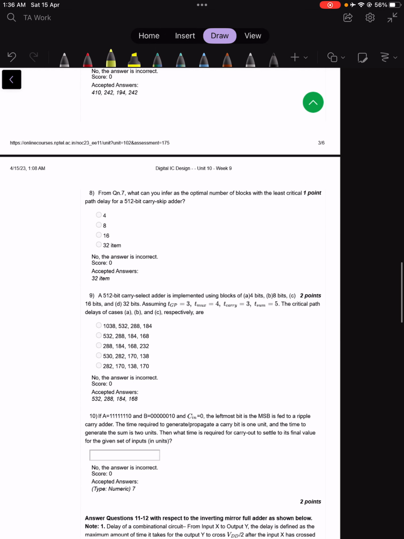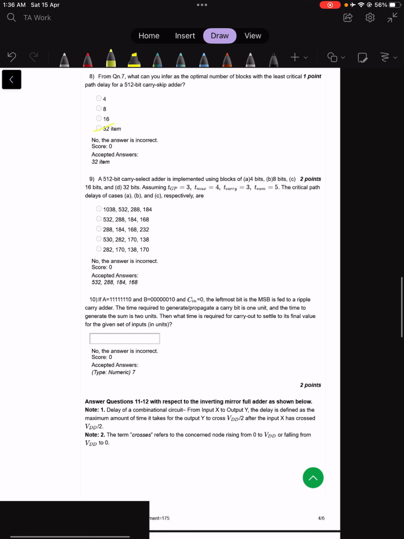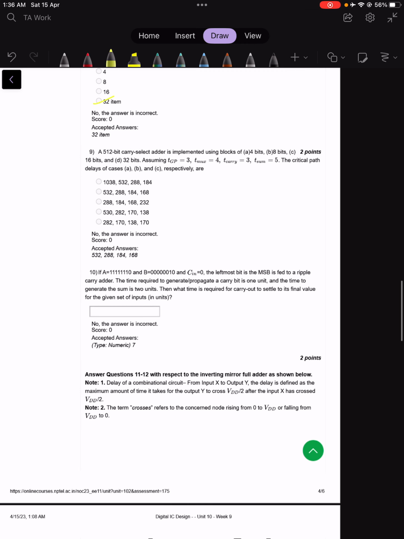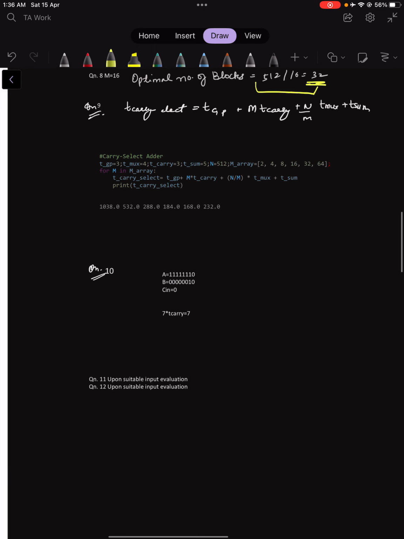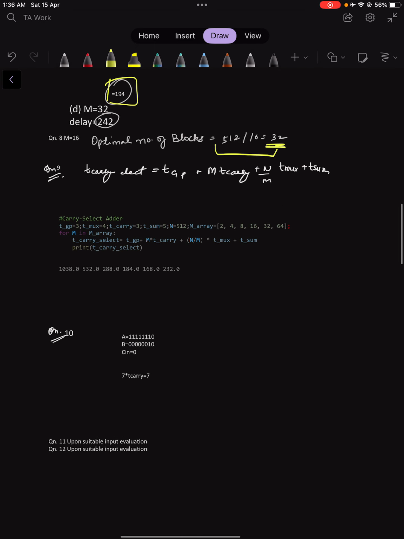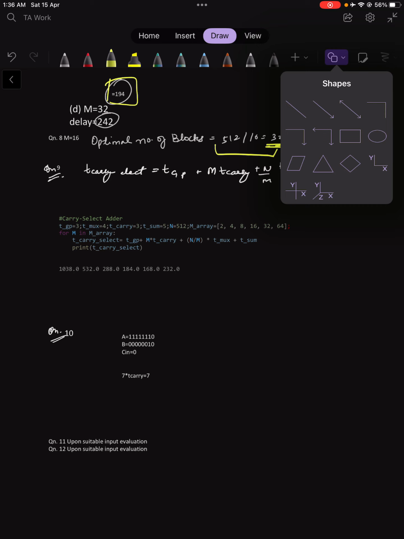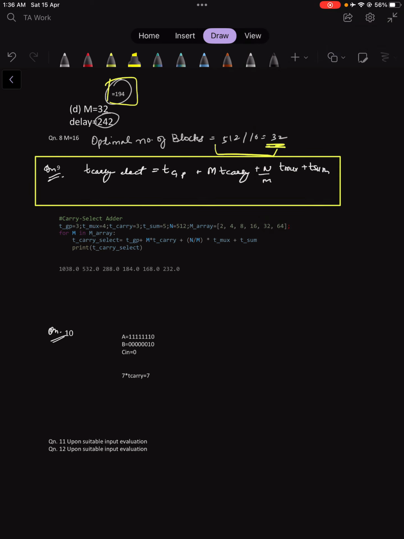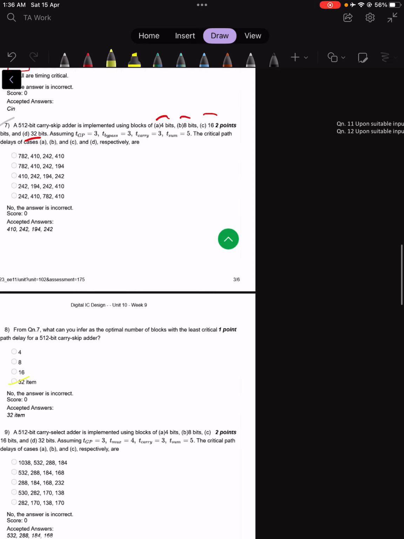Question number 9. A 512-bit carry select adder is implemented using blocks of 4, 8, 16 and 32, with T GP, T mux, T carry and T sum given. Find out the delays. Question number 9 can be evaluated with this formula here, and with a simple substitution of the formula for each of these values, you will get the result as shown here.